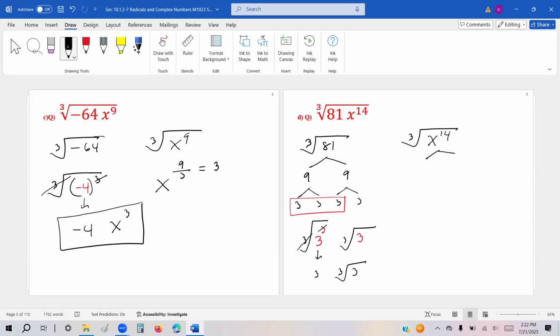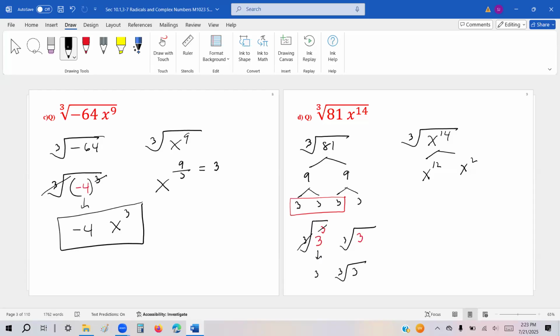Same scenario is happening here. 14 is not divisible by 3. So we can split 14 into 12 and 2. 5 is divisible by 3. You're looking for something that is not divisible by 3 anymore. Like 2 is not divisible by 3 anymore.